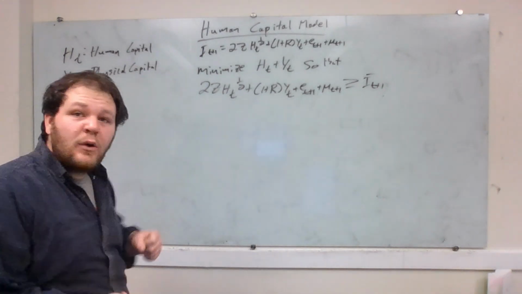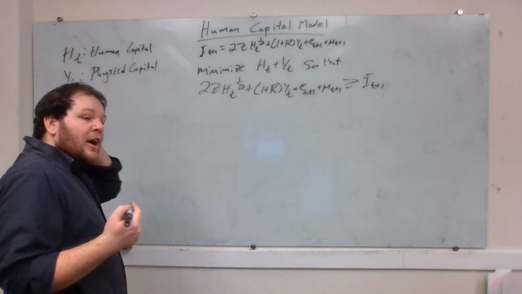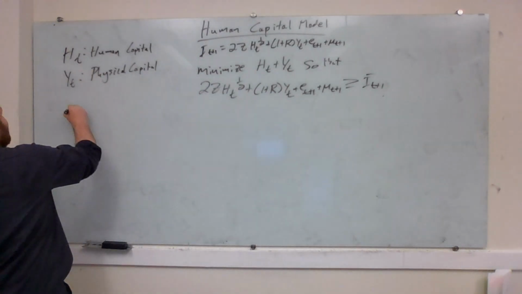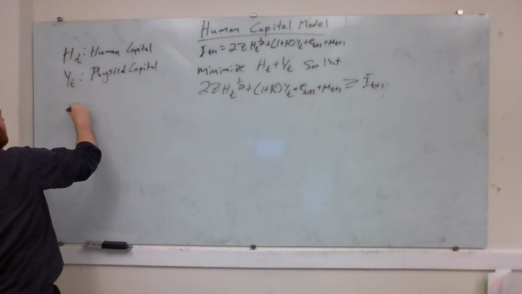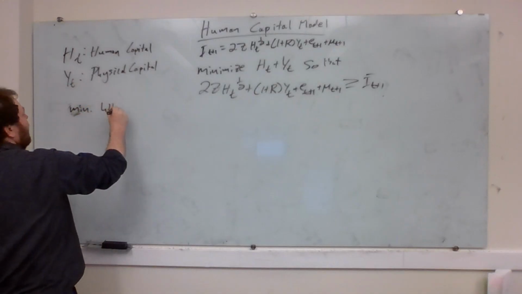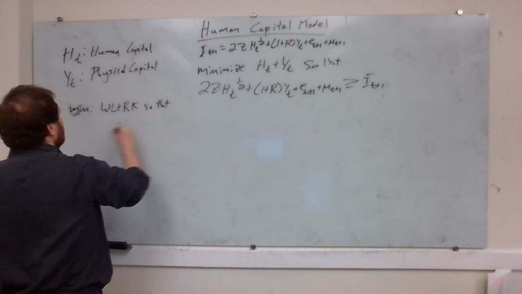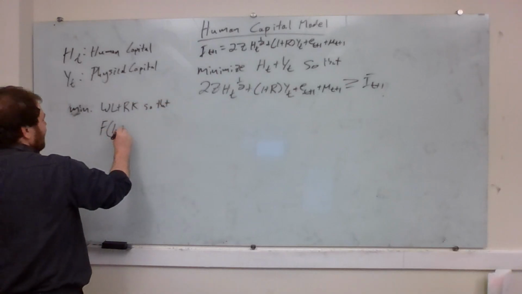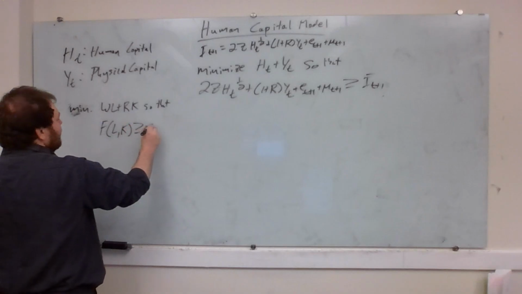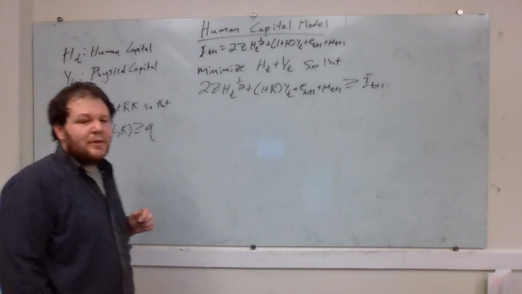This is exactly equivalent to saying that we're going to solve a cost minimization problem where we minimize wL plus rK so that F of L and K is greater than or equal to Q. It's exactly the same sort of problem.